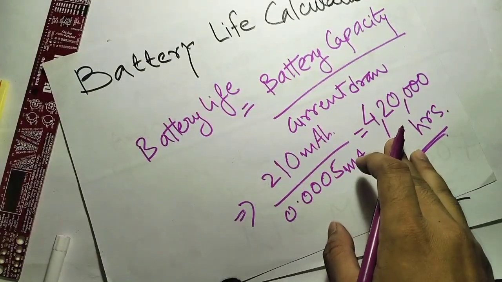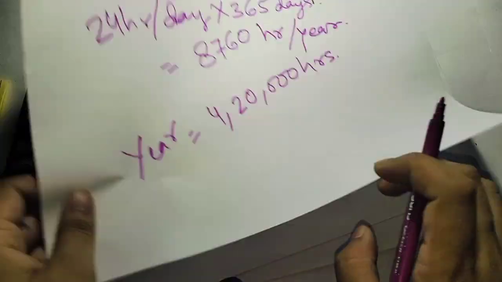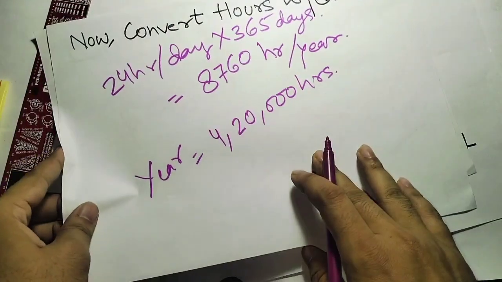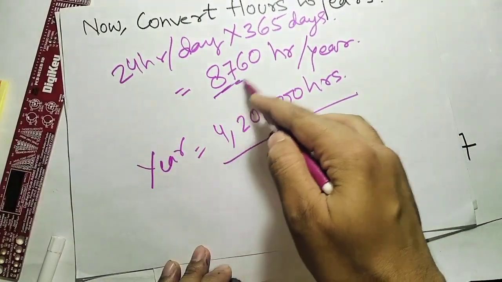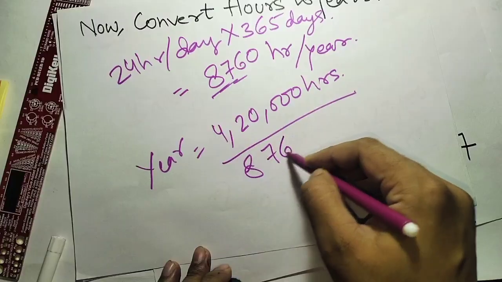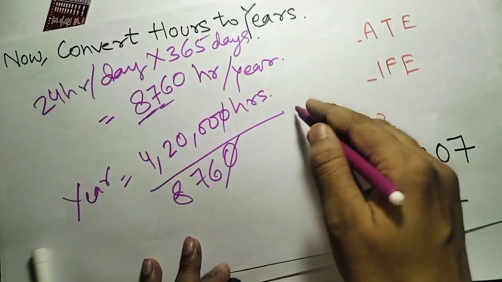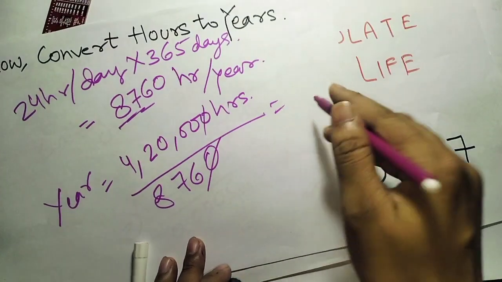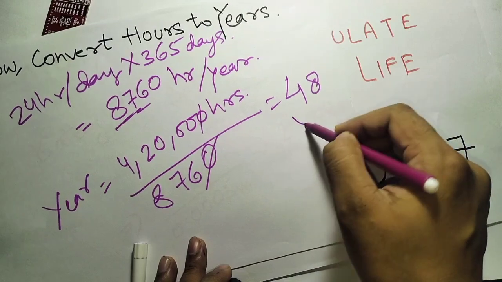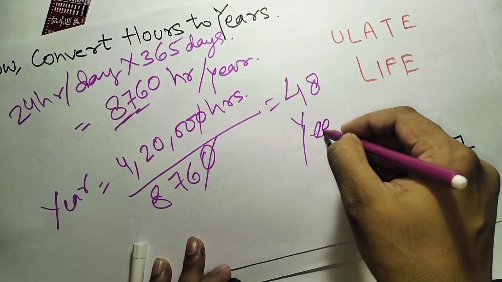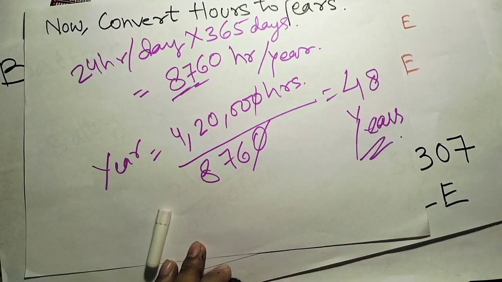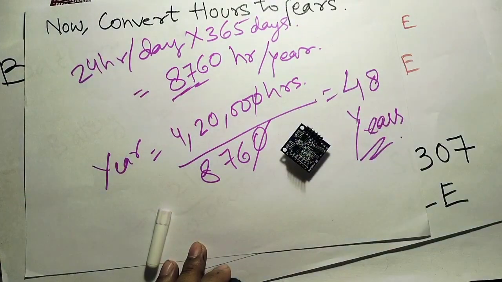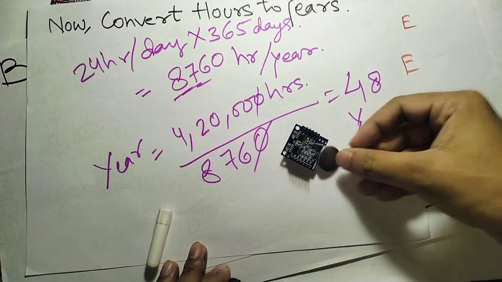Years equals 4,20,000 hours divided by 8760. Now we will have the value: 48 years. So this module with this battery works for 48 years.